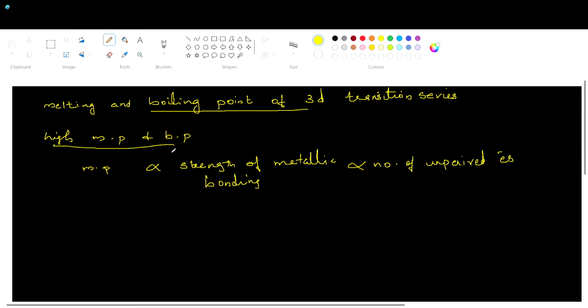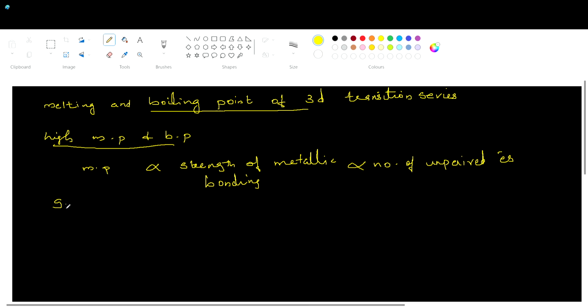Transition elements have high melting and boiling points due to stronger interatomic metallic bonding, which is due to the participation of more electrons in bonding. Let us explain, taking the example of 3d series elements.